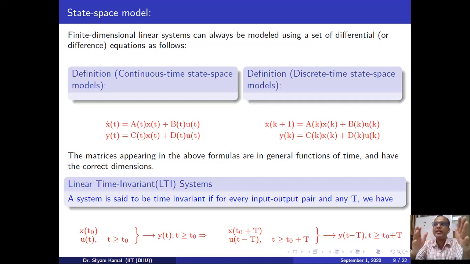Suppose you perform some experiment at time t, and if you perform the same kind of experiment at some other time, then the output is again shifted by the same time.